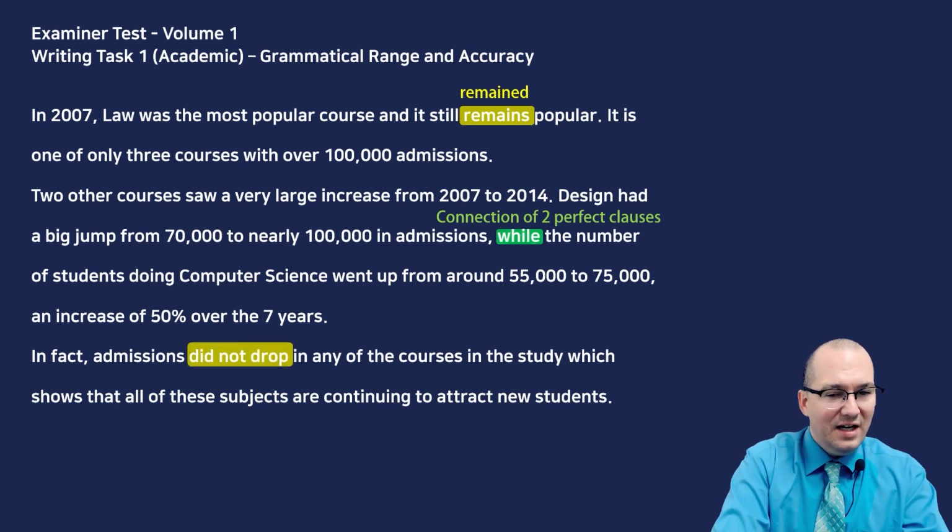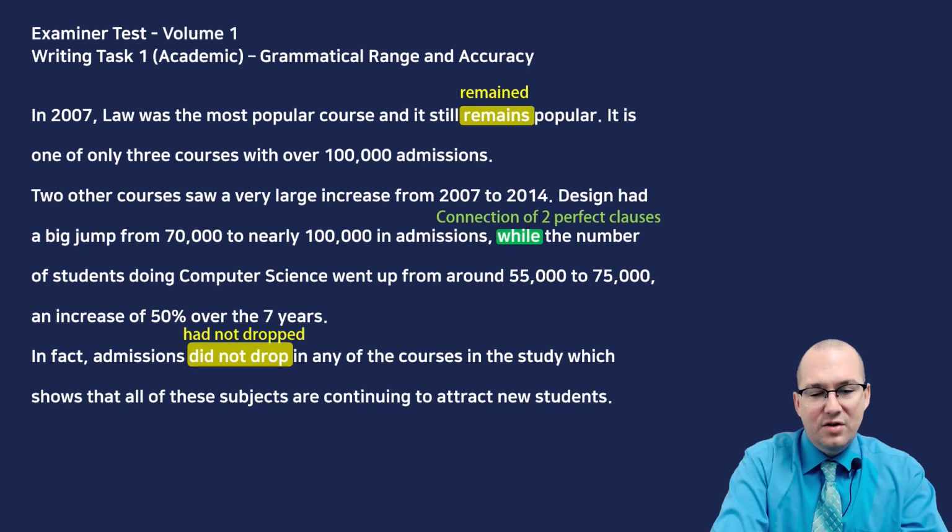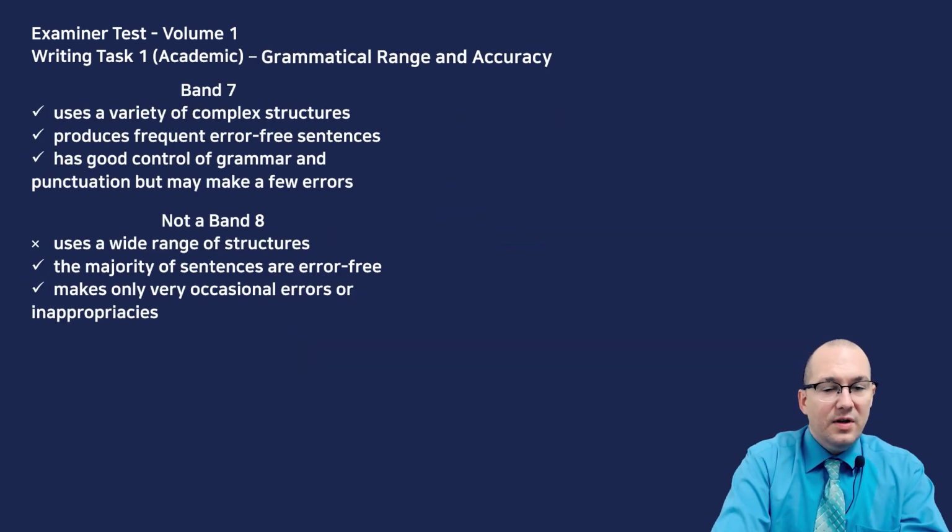And then again, admissions did not drop. You could say had not dropped. Again, it's perfectly accurate. It's just you would get a higher grammar range if you used this expression, because it's something that finished in the past.